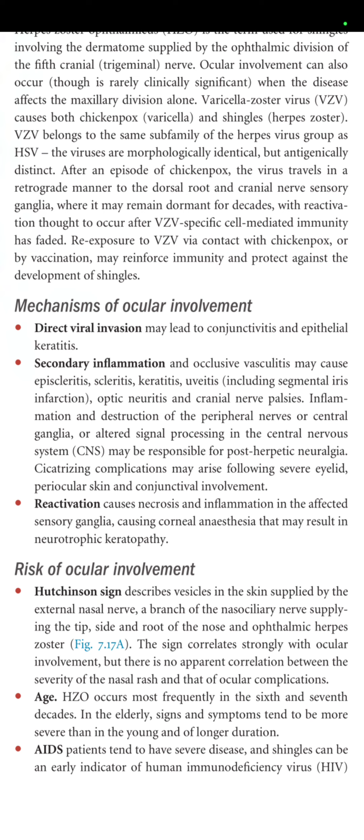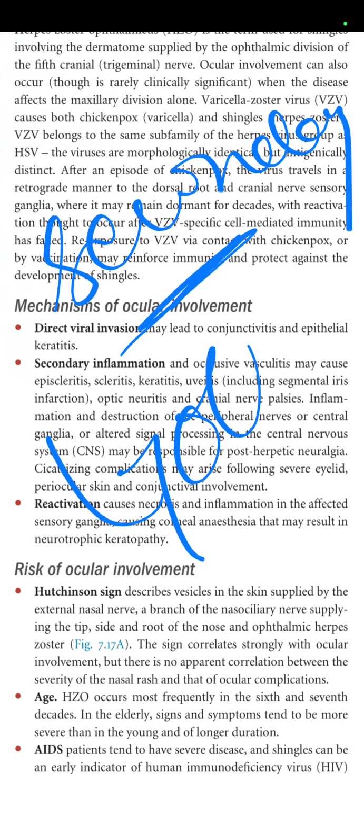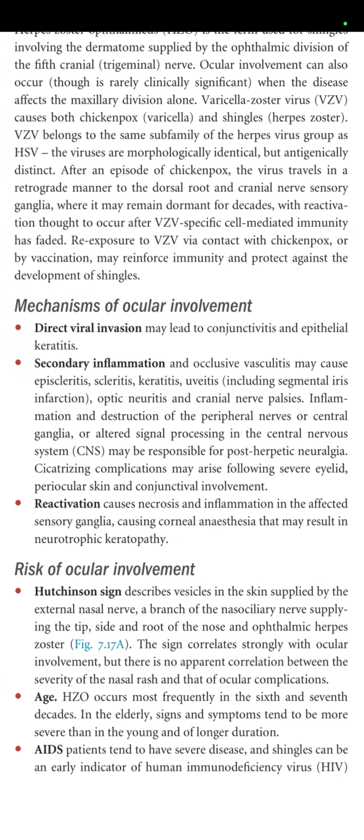So the writer is trying to say that in secondary inflammation, it can also cause occlusive vasculitis. Very important. It causes episcleritis, scleritis, it can involve the cornea as keratitis, and it causes uveitis. So it causes inflammation in everything: optic neuritis, cranial nerve palsies.